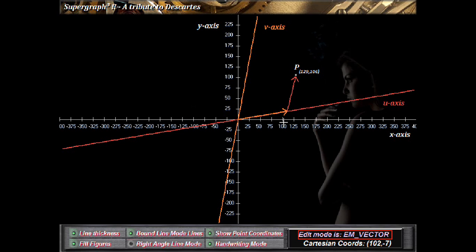Oh, I gave it the wrong colors. This one's the wrong color. They're both the wrong colors. This one should be the darker brown. This is what I have. Which I could also draw up here.